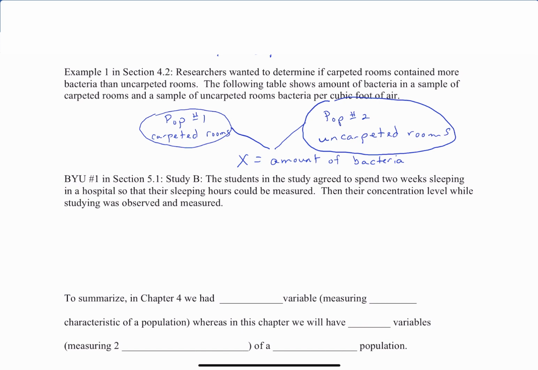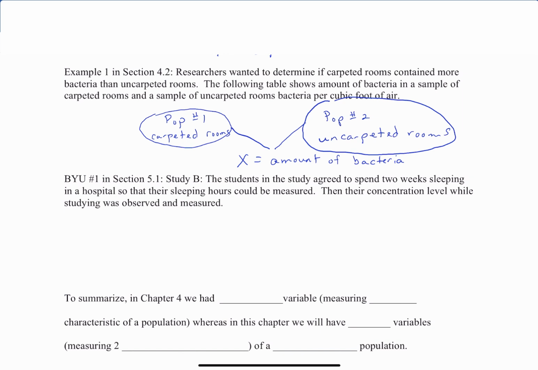Let's jump ahead to Chapter 5. Build your understanding number 1 in section 1.5 was, and I'm looking at just the study B part of that problem. The students in the study agreed to spend 2 weeks sleeping in a hospital so that their sleeping hours could be measured. Then their concentration level while studying was observed and measured.